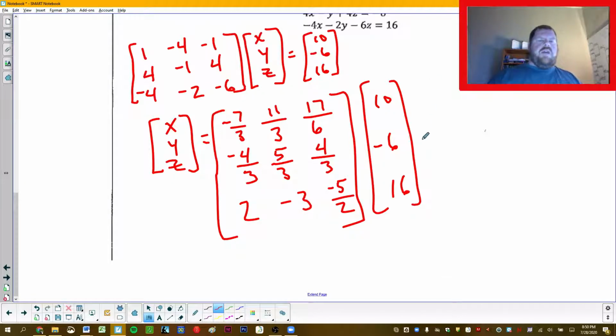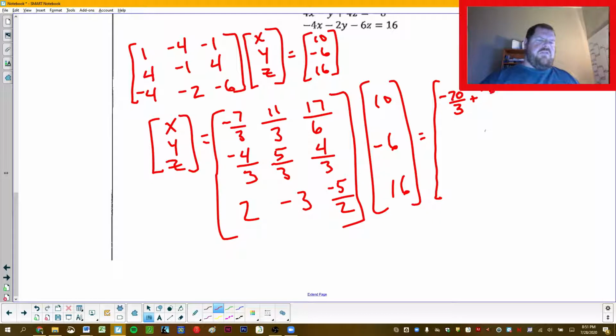Let's go ahead and look. To do the multiplication, it's going to be a little more involved. Negative 7/3 times 10 is negative 70/3. I never try to reduce anything at this point, though I guess I will here to make things a little bit easier to add together. Plus 11/3 times negative 6.